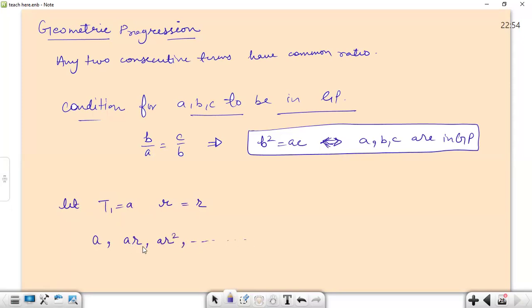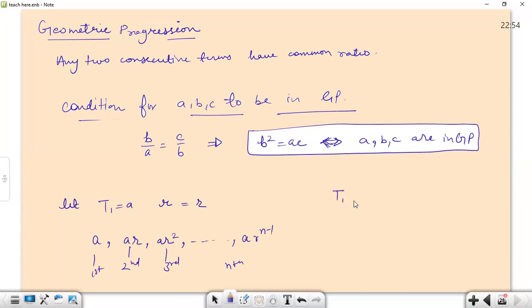So the first term is A into R raised to power 0. The second term is A into R raised to power 1. Similarly, the nth term will be A into R raised to power n minus 1.